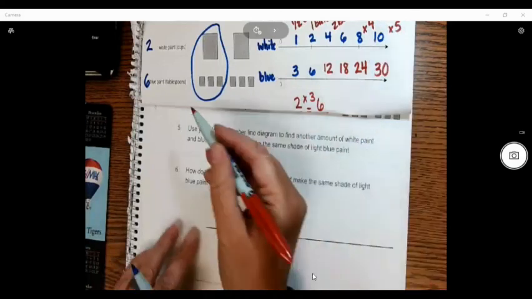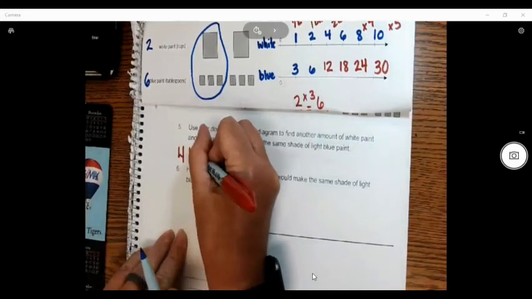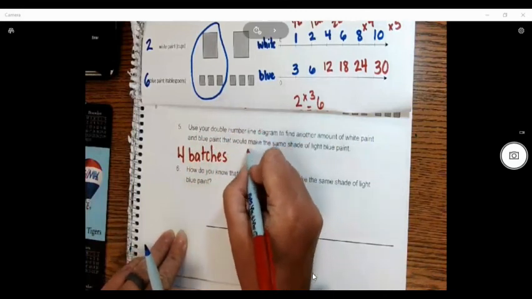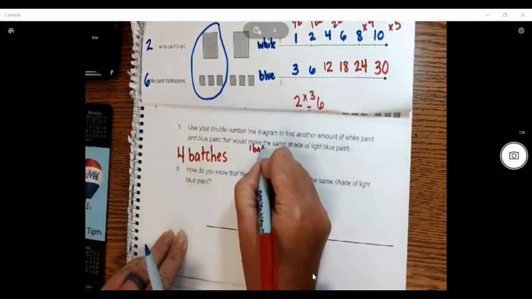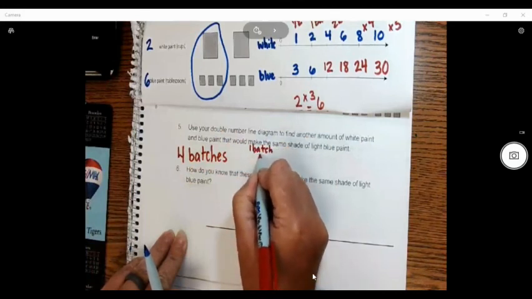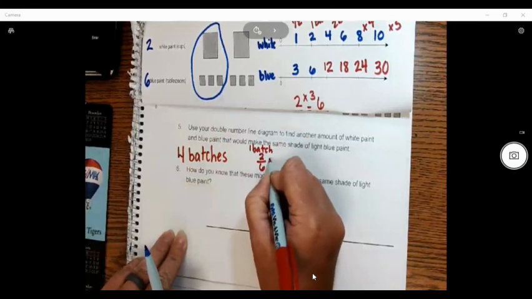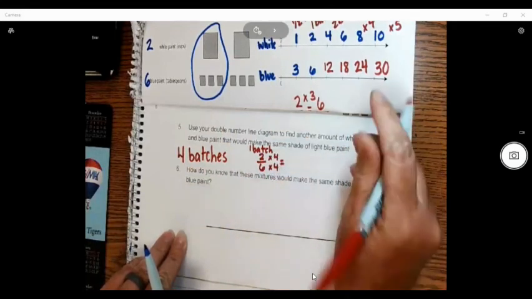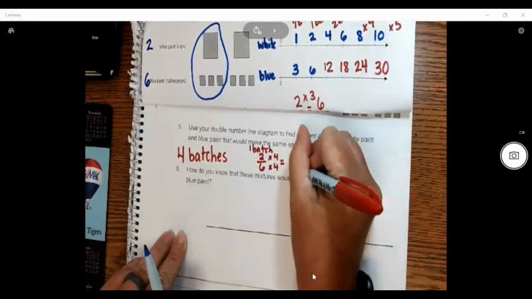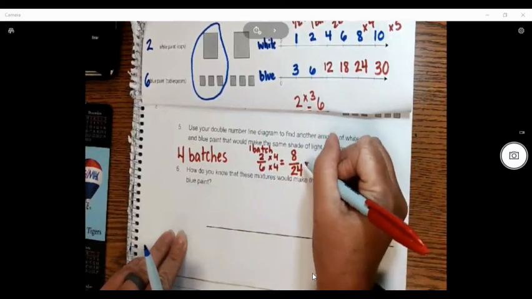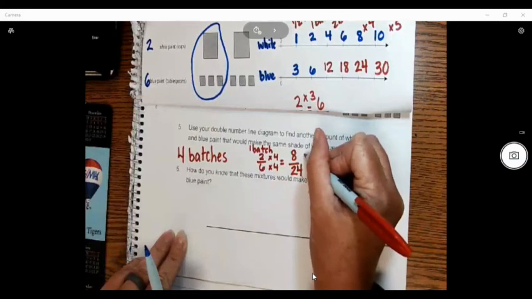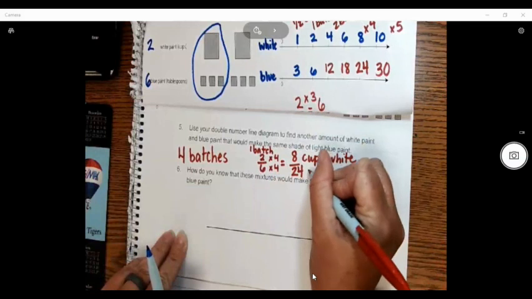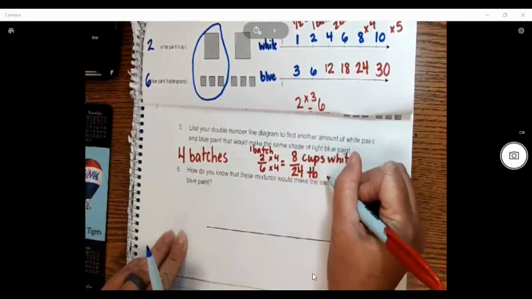So that would mean if we did 4 batches, our original 1 batch, just so we see this, was 2 to 6, but then we times it by 4, and we got 8 to 24. So 8 cups of white to 24 tablespoons of blue.